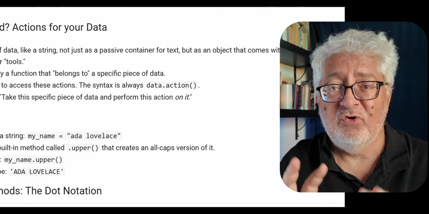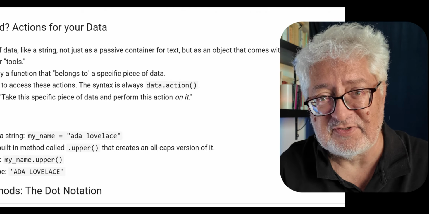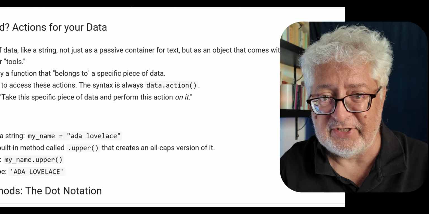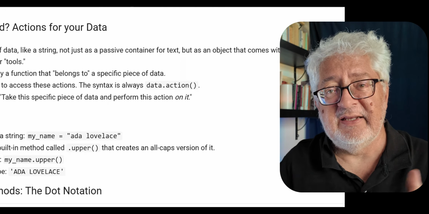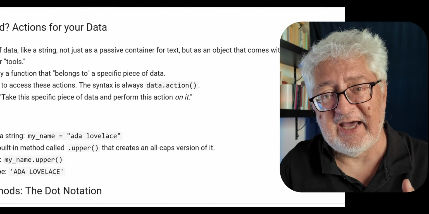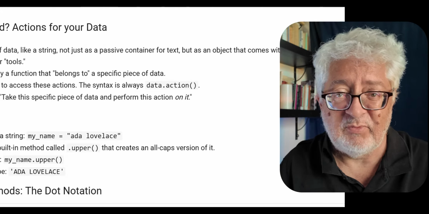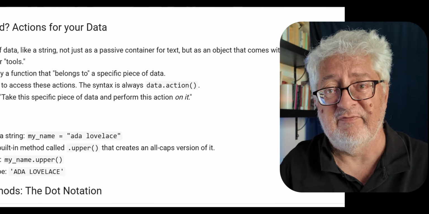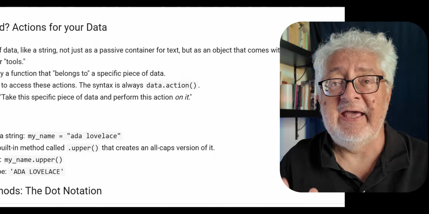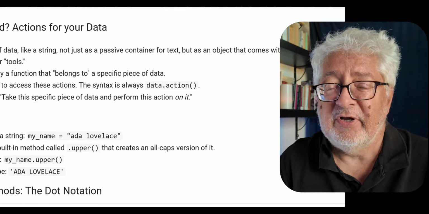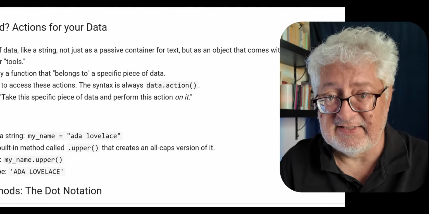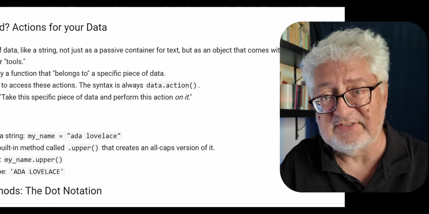how to call so-called methods on an object. And the idea is that you have different kinds of data, right? You know already we have strings, we have integer numbers, we have floating point numbers. And the point is that these are not as simple as they seem. When you see a string, you think, oh, it's just a string.